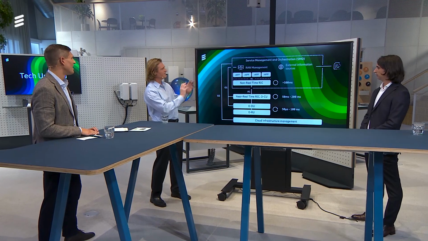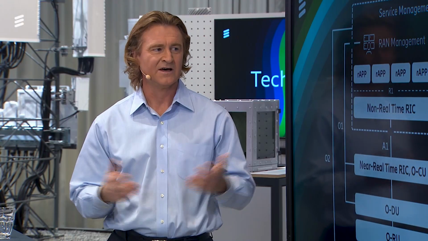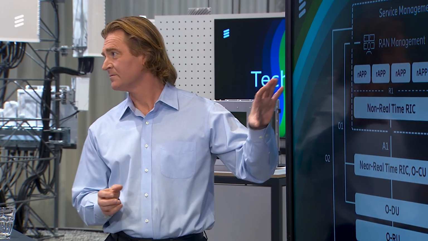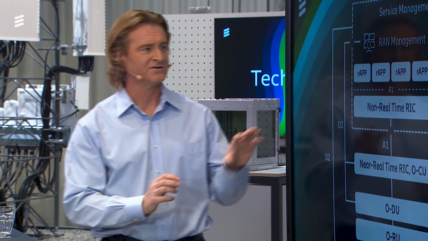Well, in that case, let's get to the good stuff. So the non-real-time RIC, can you explain to us the design of that and the thinking behind it, perhaps? Absolutely, Sten. Behind the non-real-time RIC is a set of underlying principles, and the first one is about access to information.